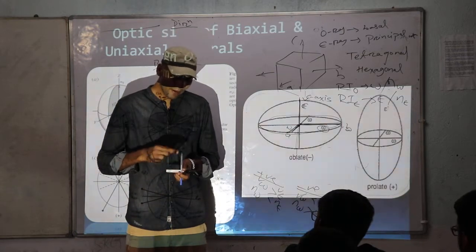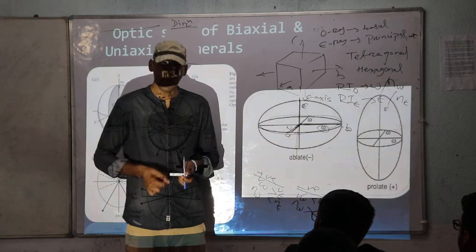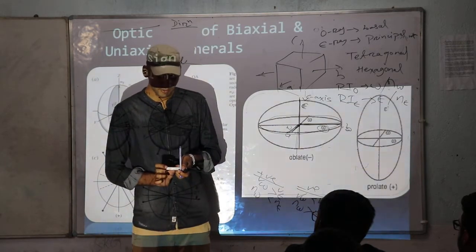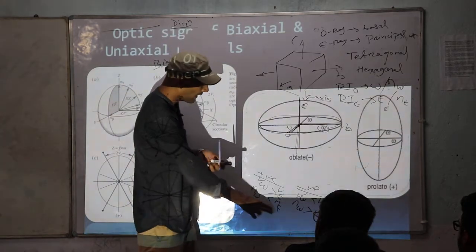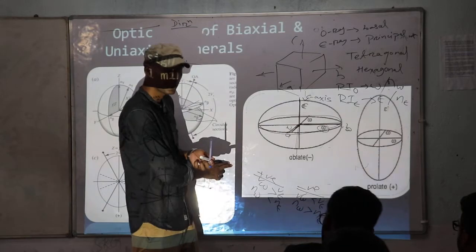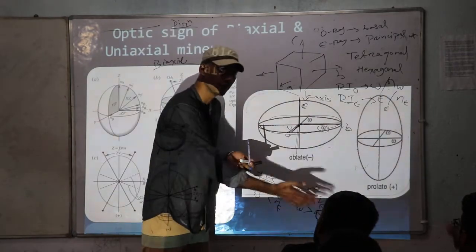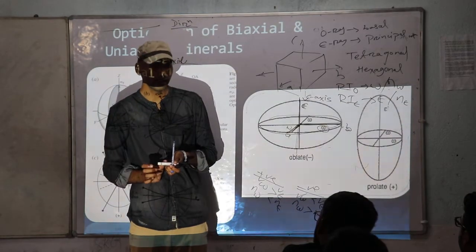Okay. So if I am taking refractive index of E ray in this axis, this is unequal, right? This is omega, this is epsilon. Either n epsilon will be greater when that is positive, or that will be smaller for negative. In any case, positive or negative, both of them are unequal. Epsilon is unequal to omega.